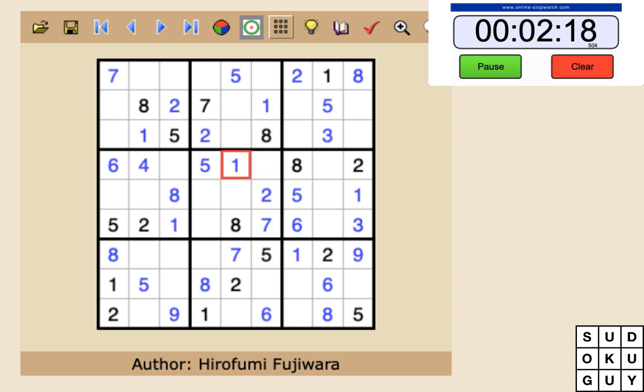This row is missing 3 and 7 and 9. Oh, this row's even better. It's just missing 4 and 9. I guess it can't hurt me to pencil mark.